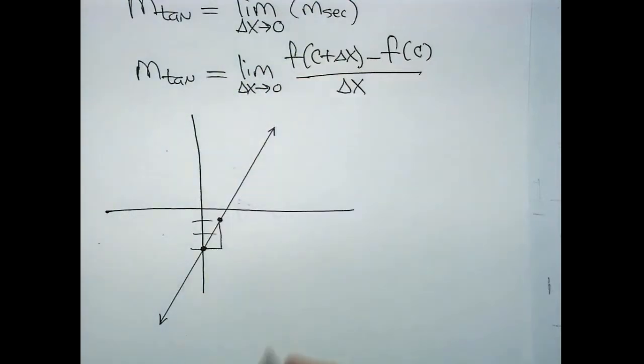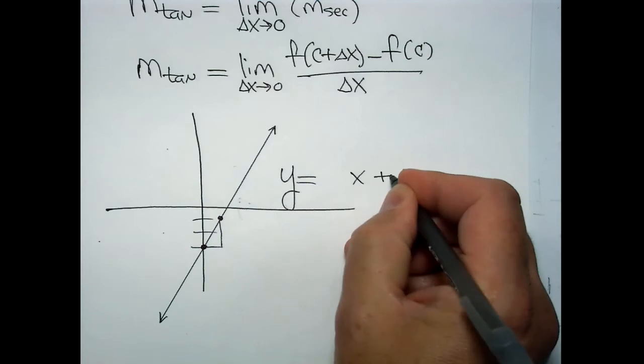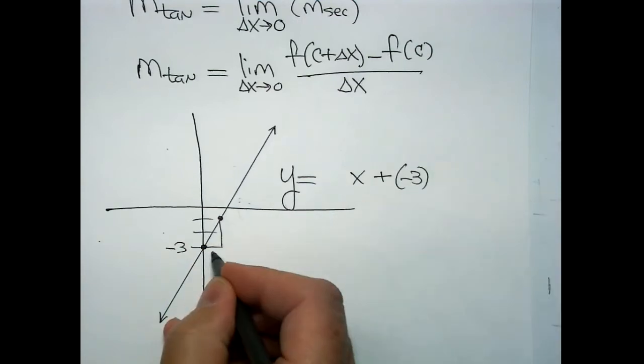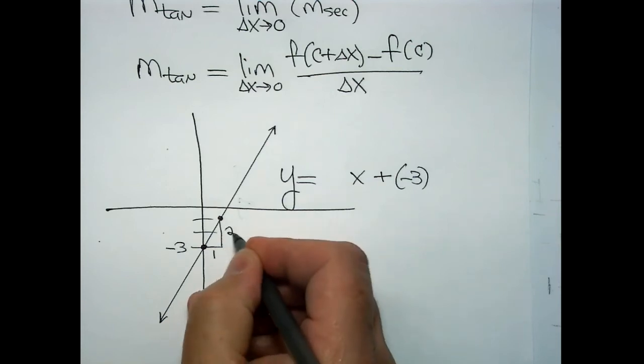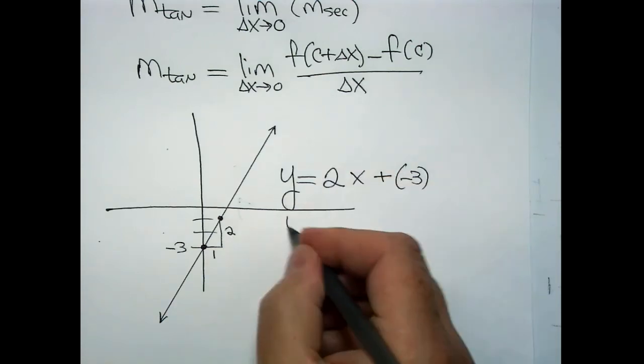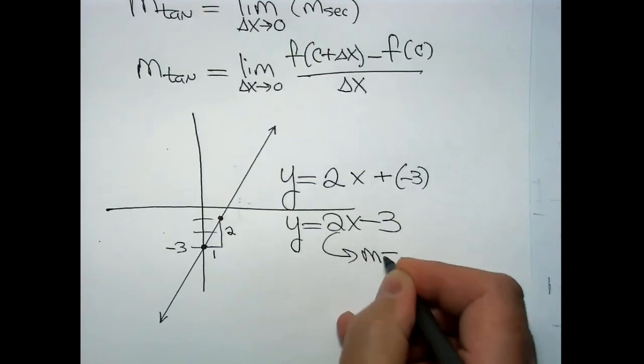Now, what's the equation of such a line? y equals mx plus b. Well, b is -3. m is run over 1 and rise by 2. Rise over run is 2 over 1. So I guess my function is y equals 2x minus 3, and I know the slope of my line is 2.